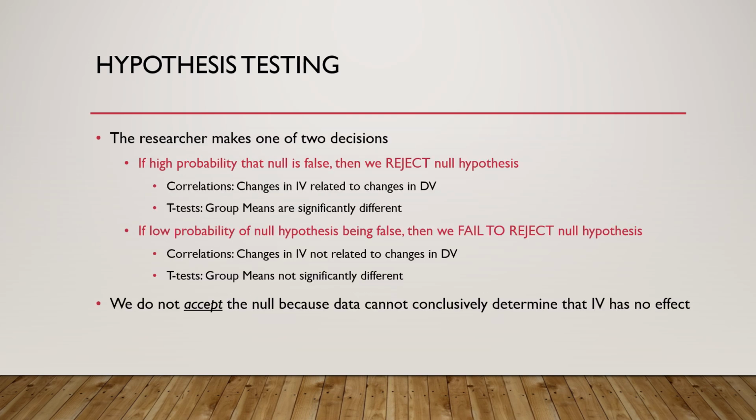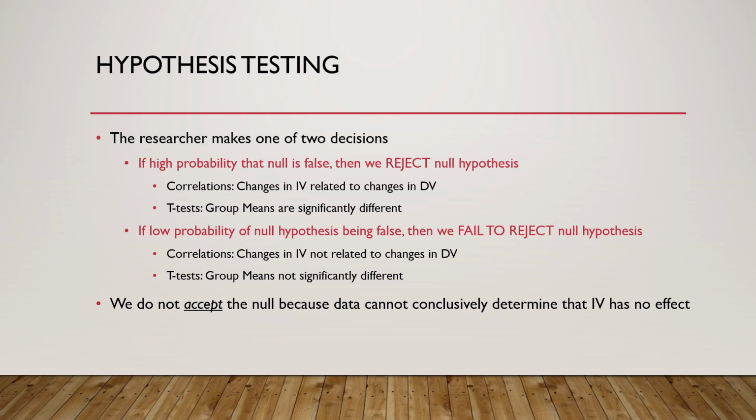In null hypothesis significance testing, we are going to make one of 2 decisions as the researcher. And this is all based on the probability that the null is false. So if it's likely that the null is false, that the data we got from our sample show a strong effect, so probably the null is wrong and there is an effect somewhere, in that case we're going to reject the null hypothesis and say that changes in the IV are related to changes in the DV, that in a t-test the group means are significantly different.